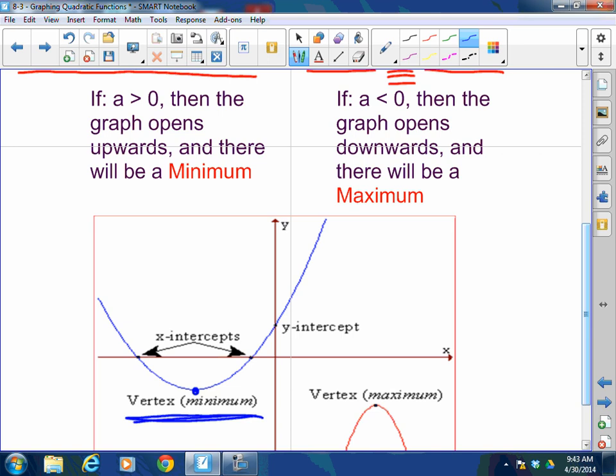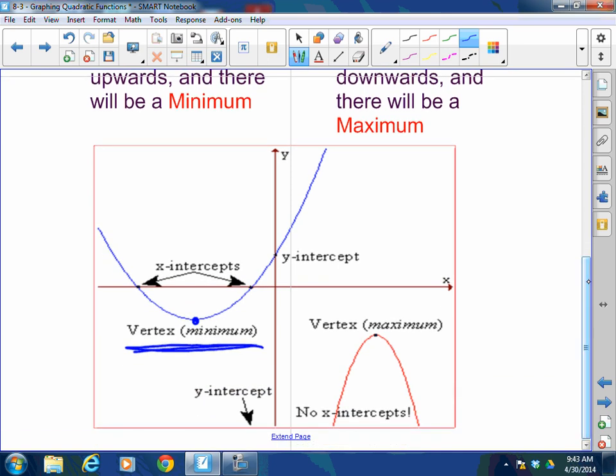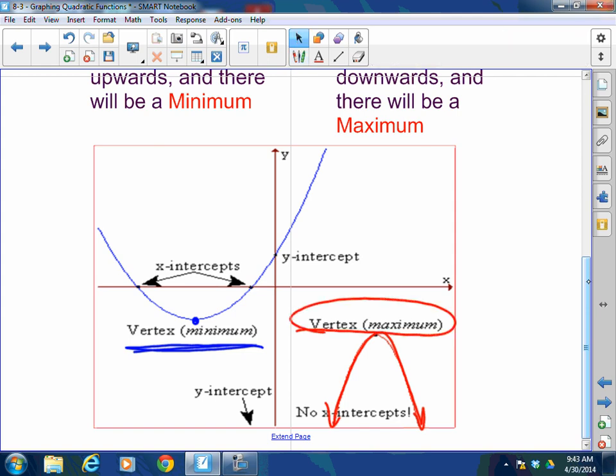If your a is less than 0, and I'm opening downwards, your vertex will be a maximum, because that is the maximum height that it can achieve. So that pretty much is everything we've done so far, roughly, in a nutshell.